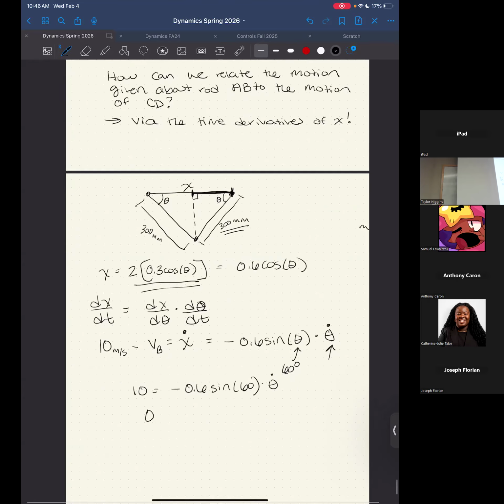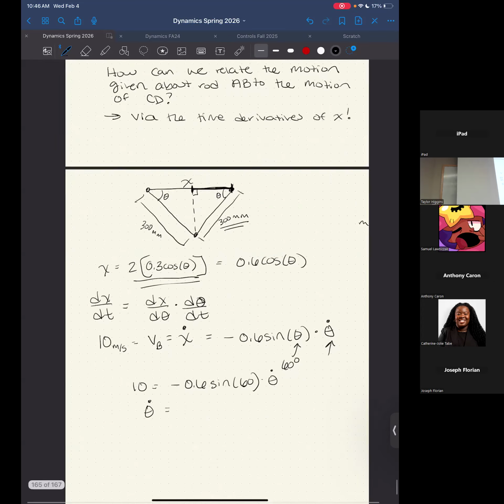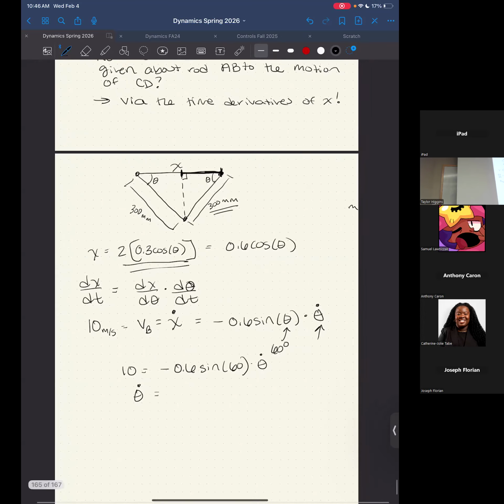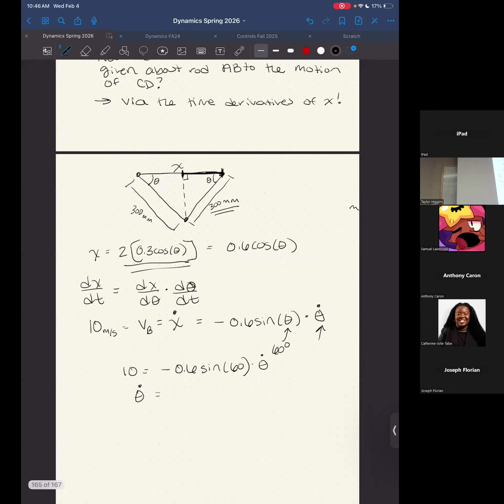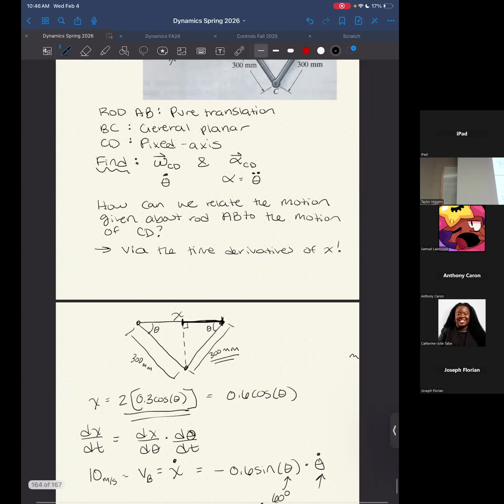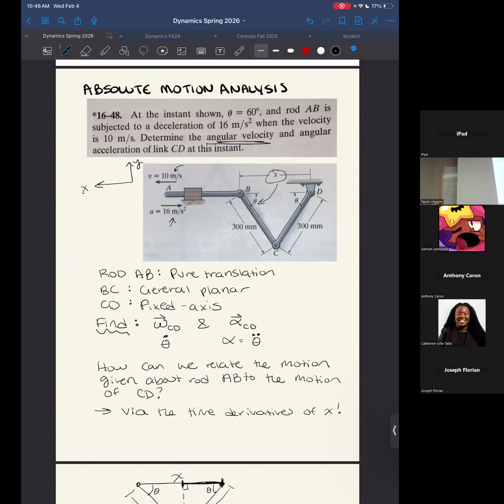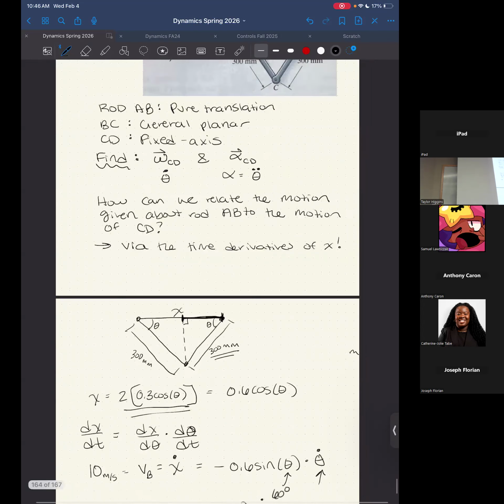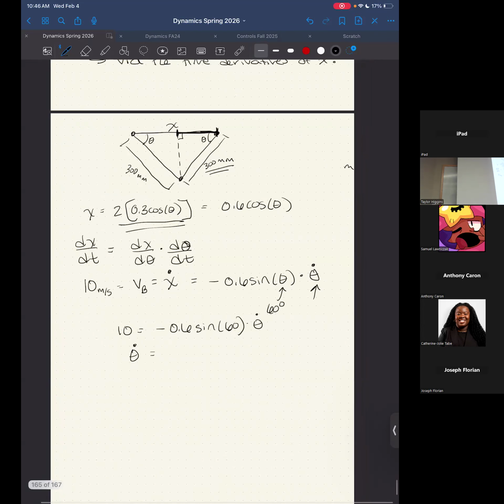So we should get theta dot equals, I believe it comes out as positive 19.245 radians per second.